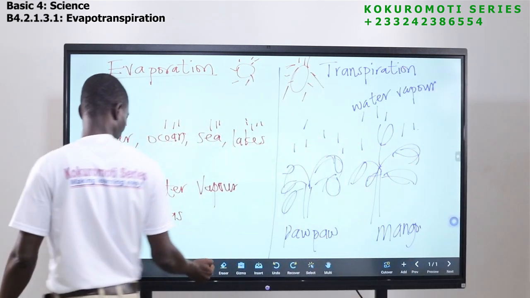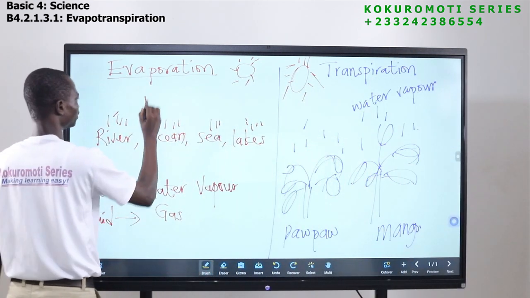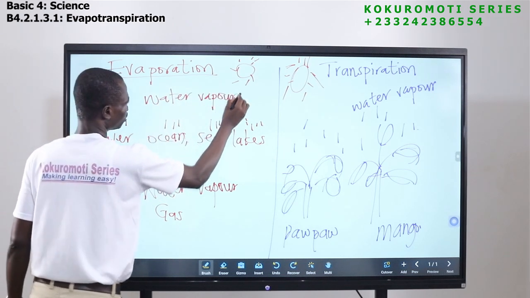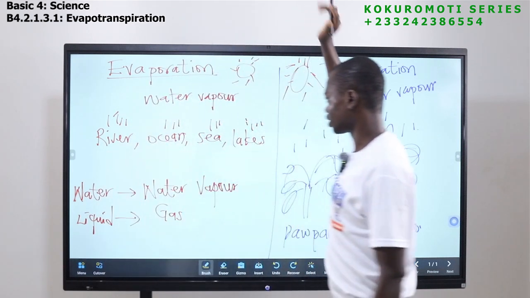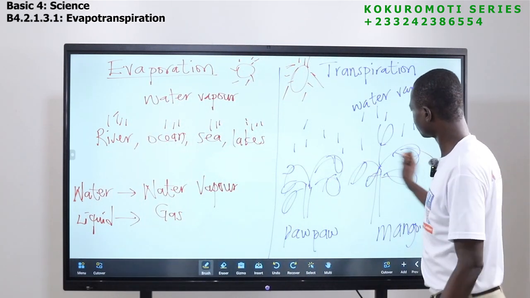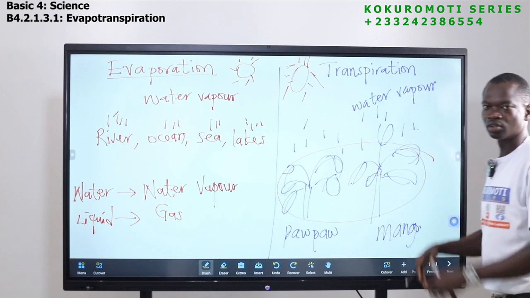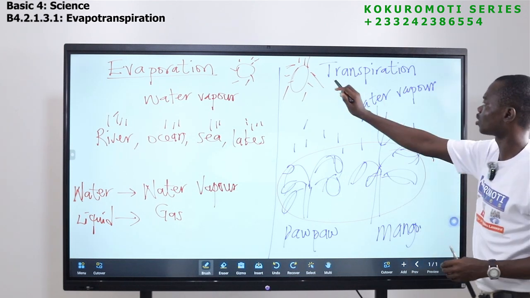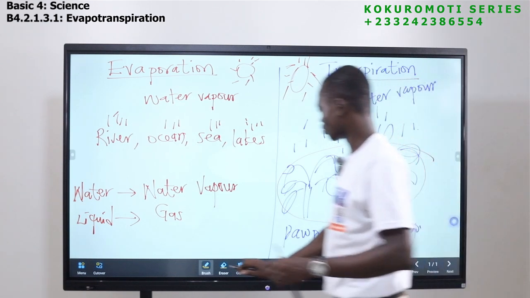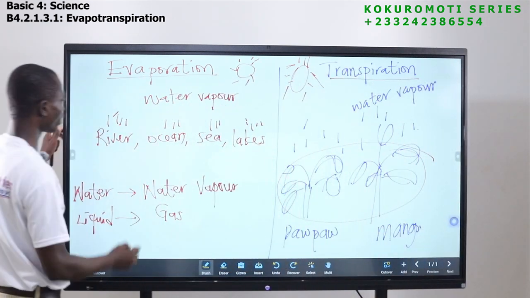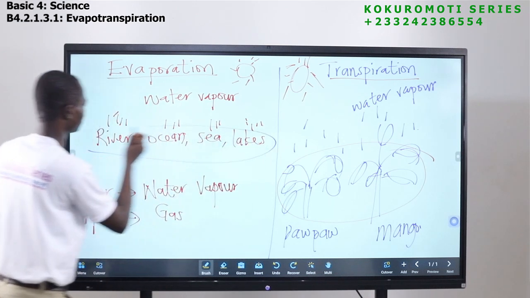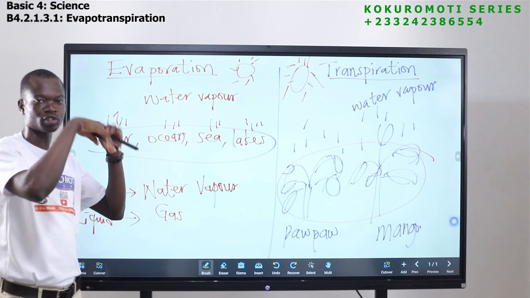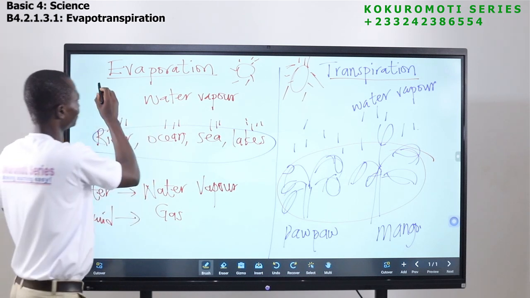When you come here, this one too is what? Water vapor. And where does it go? It goes into the atmosphere. So where plants lose water in the form of water vapor into the atmosphere, we call it transpiration. And when water bodies lose water into the atmosphere in the form of water vapor, we call it what?